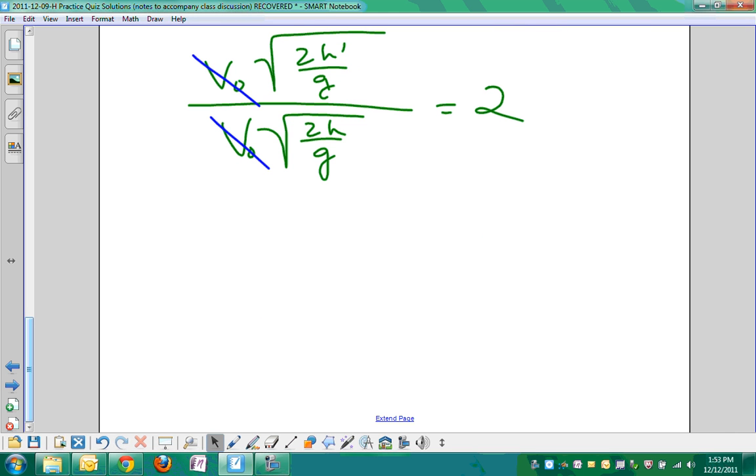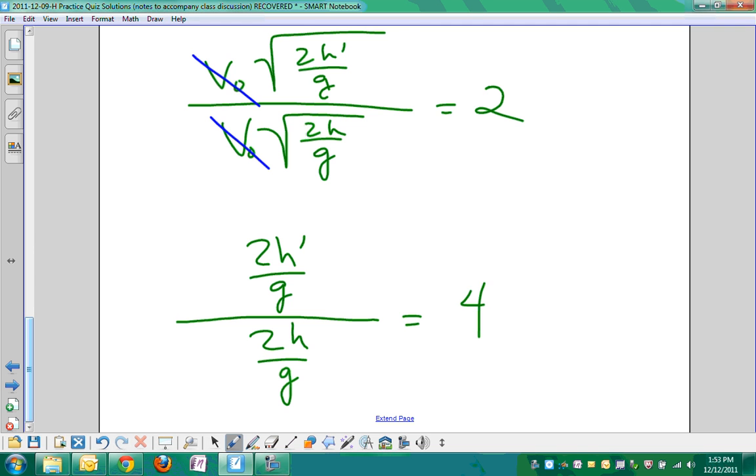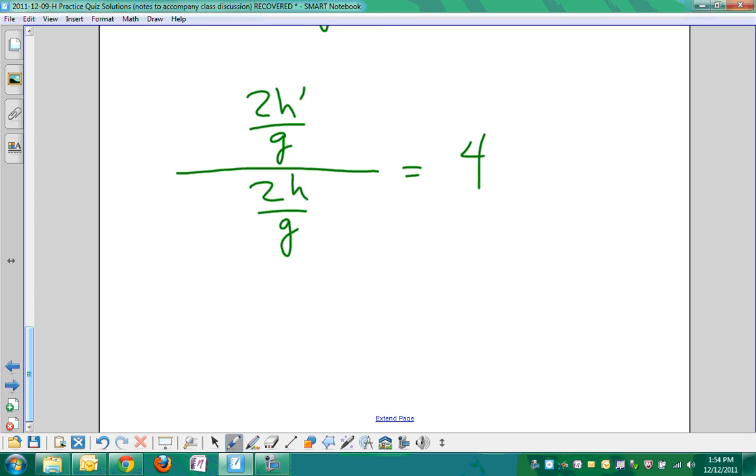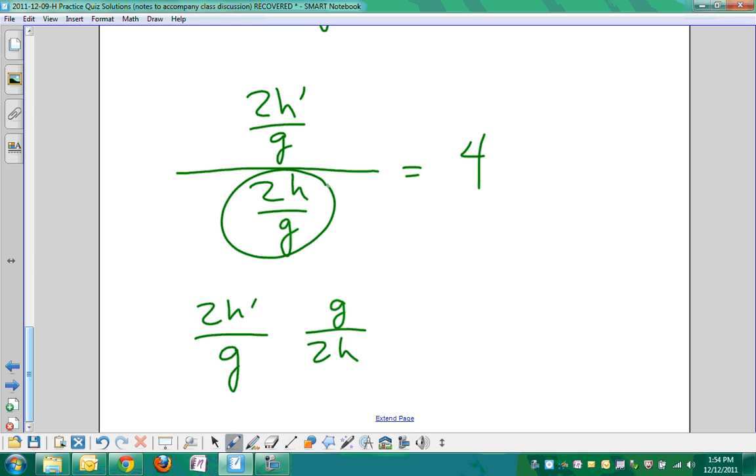All right, now we can square each side, and we'll get 2h prime over g over 2h over g is equal to 4. We squared each side. Okay? So now, I guess we can do it the easy way: 2h prime over g times g over 2h. Got that? I just inverted this.